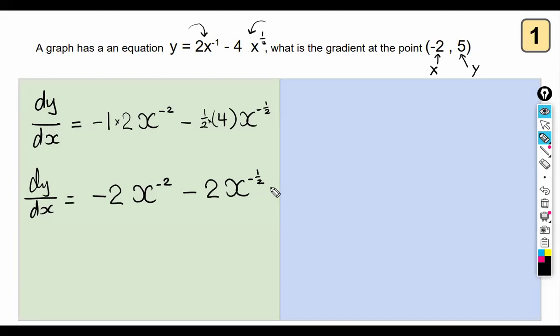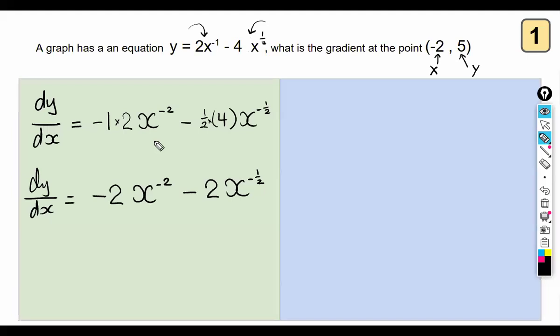Look for your mistakes. Some people have mistakes based on the answers they sent, but most people had it correct. Now, here's the thing. I know some of you don't like those negative powers. On your calculator, when you're typing in a power, you can type in a negative power or a positive power.